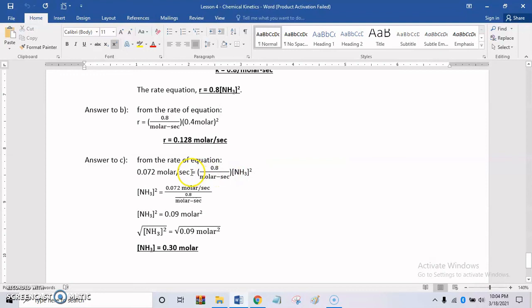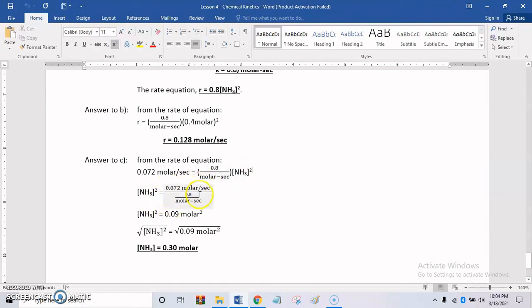Now, we need to input the given R na 0.072 molar per second and also our K here. So we just use this rate equation, just that the R is given. Now, the concentration of ammonia is the one we are looking for.